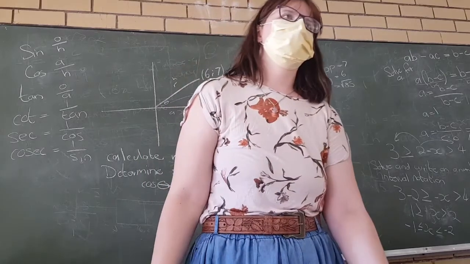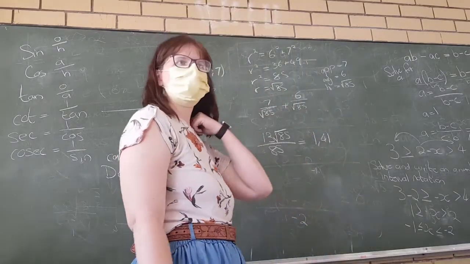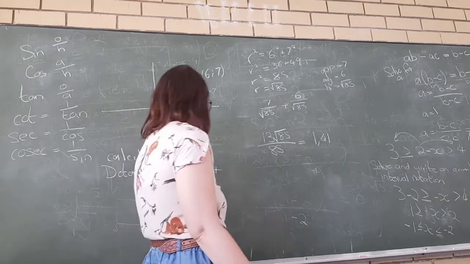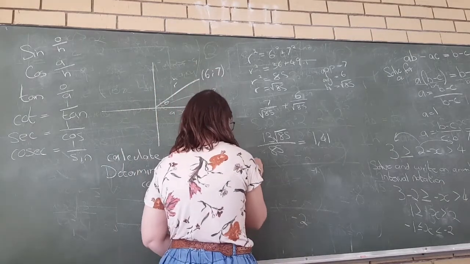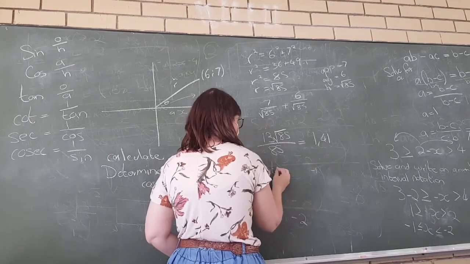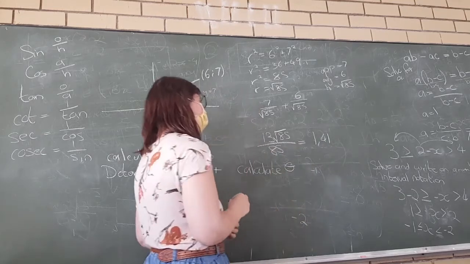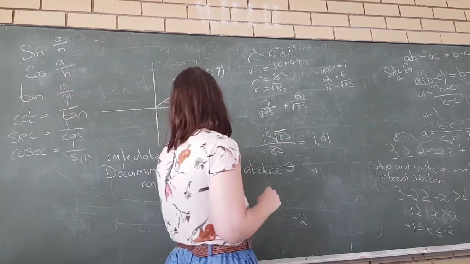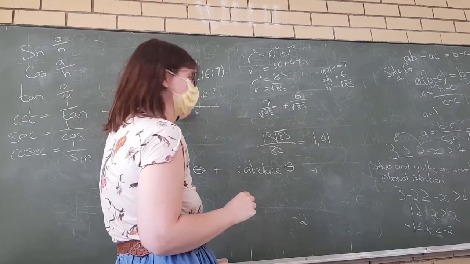All right. So, do you guys understand how I did this? What if I say calculate theta? This isn't in degrees. How do I calculate theta? You use sine inverse.